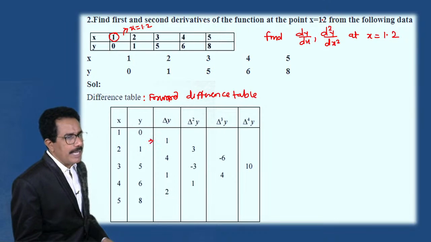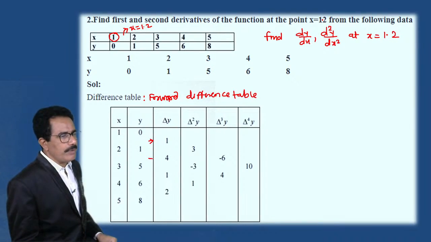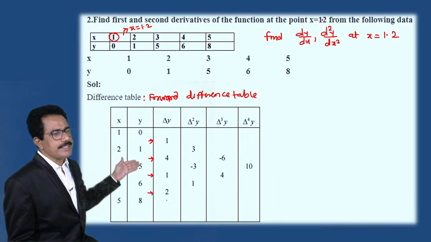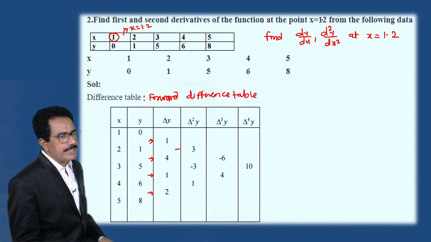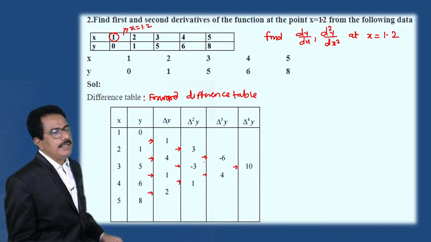First difference delta: 1 minus 0 means 1, 5 minus 1 means 4, then 6 minus 5 means 1, and 8 minus 6 means 2. Again we shall write this now.